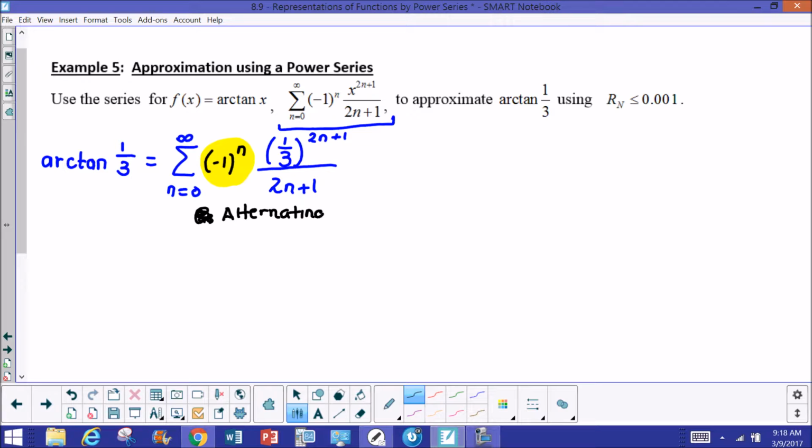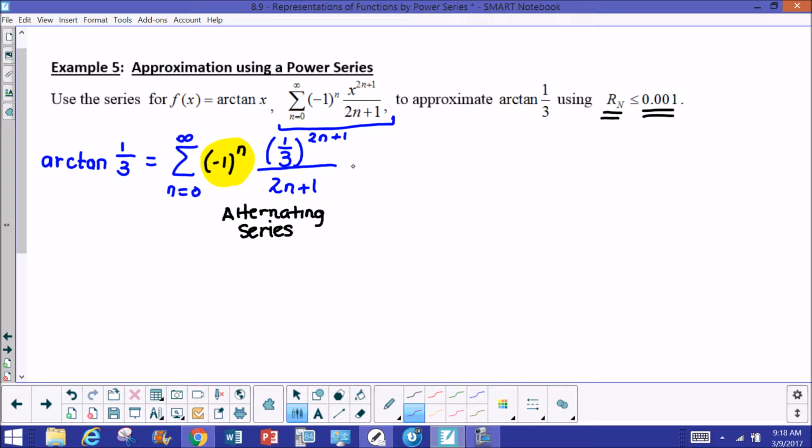When it comes to finding errors with alternating series, we've been taught that the first neglected term is going to end up being your error, or sometimes we call it the remainder. That's the role of this 1/1000th. It's going to serve as that particular error.